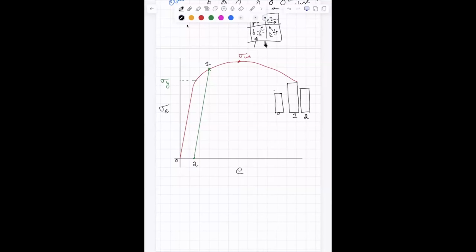Now it is unloaded. Now you can take this specimen. Now, if I take this specimen and do the tensile test again, then what happens?